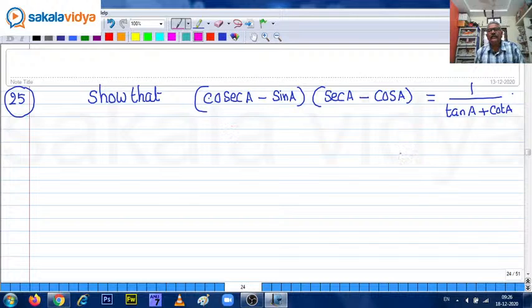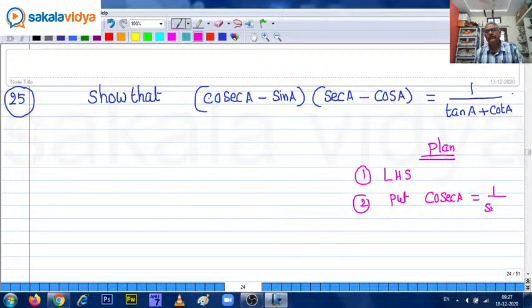Here my plan is like this. First consider the left hand side, LHS. Next put cosecant A equals 1 upon sin A, and sec A equals 1 upon cos A, and simplify.